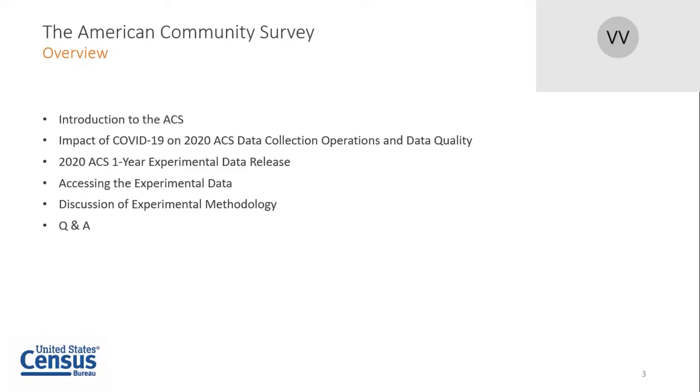This will include information about the 2020 ACS one-year experimental data release, and I'll conclude with some information on how to access the experimental data on our website. Then I'll turn it over to Jonathan, who will provide an overview of the experimental methodology behind this release. And finally, we'll conclude with a Q&A session at the end.